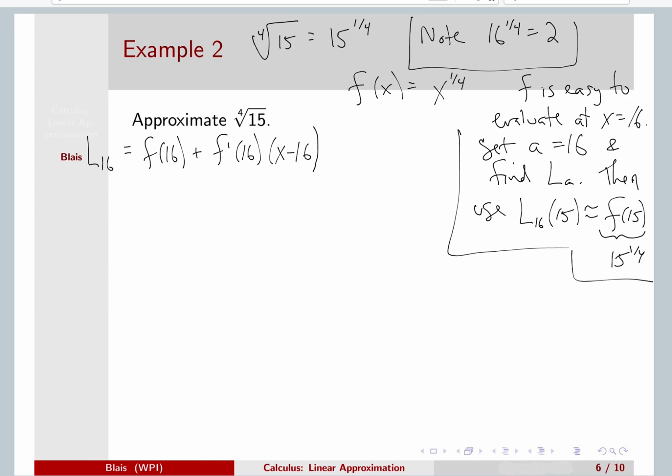So first, we've already argued that f of 16 is 2. The fourth root of 16 is 2. We'll need f prime. So x to the 1/4, when we differentiate that, power rule, 1/4 x to the 1/4 minus 4/4, or the negative 3/4.